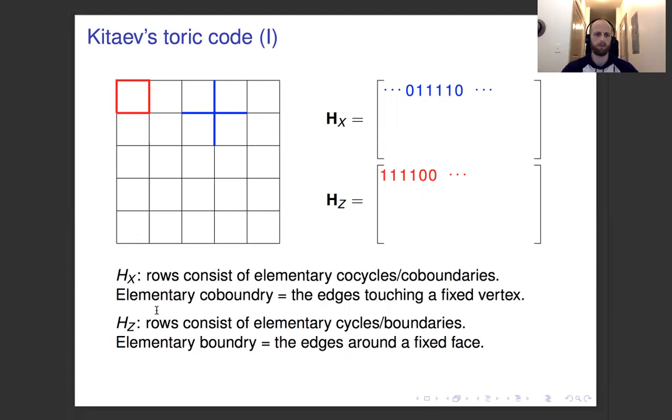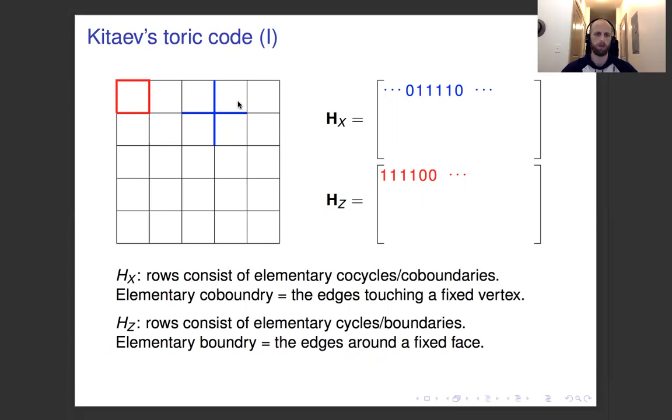Each Hx and Hz will be the parity check matrices. The rows of the X parity check matrix are comprised of elementary cocycles or elementary coboundaries, which are simply the edges touching a fixed vertex.